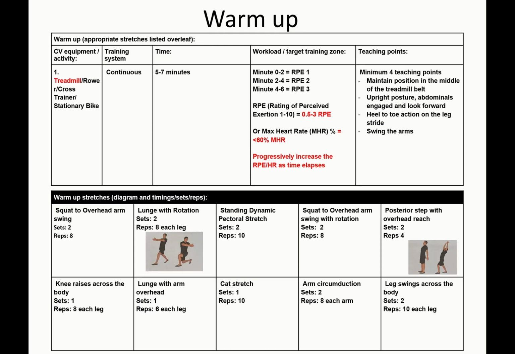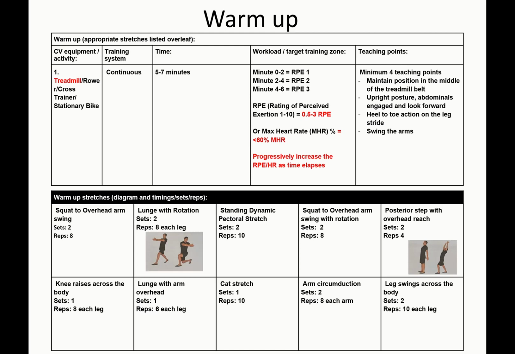And then from minutes 4 to 6, we're on RPE 3, which is just at the cusp of the aerobic training zone, where intensity is increasing. But the important thing here is that we've shown progression of the intensity throughout the warm-up period. And we must provide teaching points, a minimum of 4, based on how to conduct that exercise in the appropriate manner.